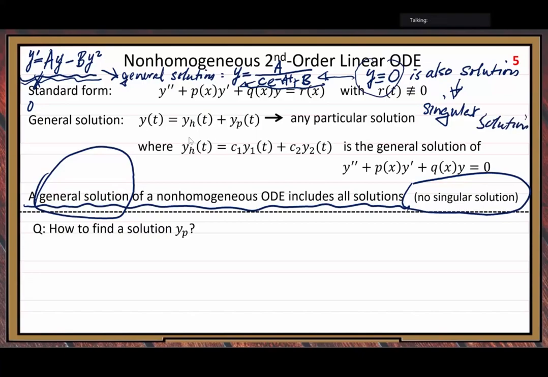So that's the concept. All right? Now you understand the singular solution concept better.